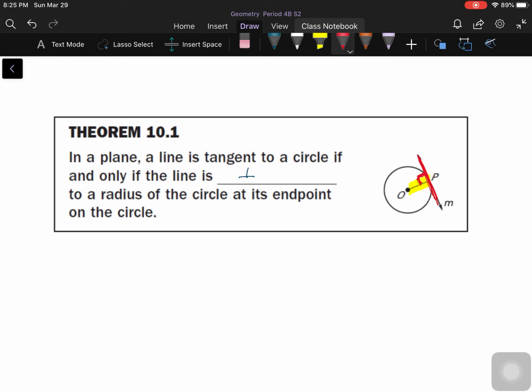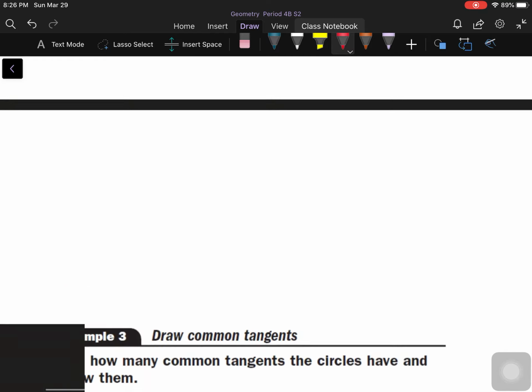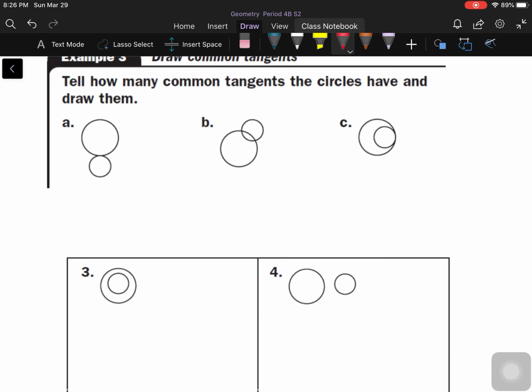So when a line is tangent to a circle, it's going to make a right angle. That'll come into play next chapter when we talk about finding distances and lengths. We'll do it a little bit in this chapter, but this is mostly about arc measures and angle measures.